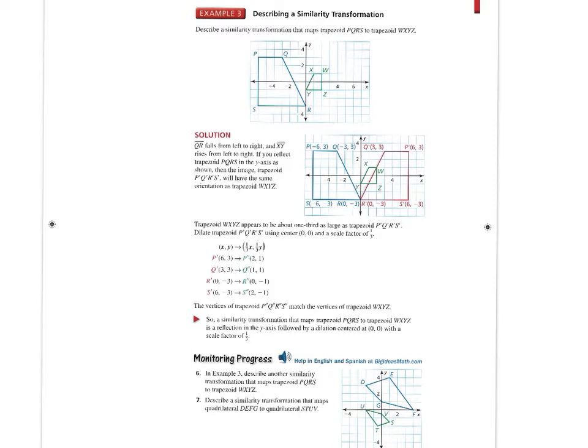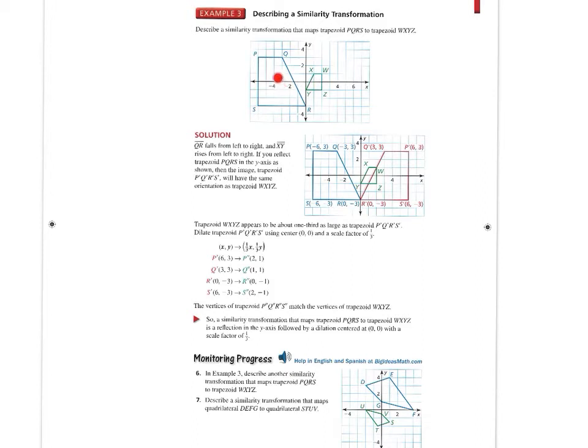And we can see that based on choose any side. Probably the easiest sides to compare are going to be sides QR compared to side XY. And you can see that QR is falling from left to right, and XY is rising from left to right. So they do not have the same orientation.